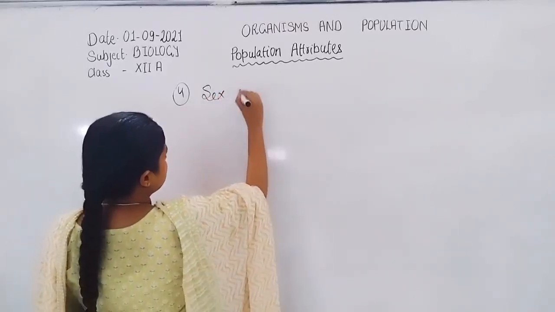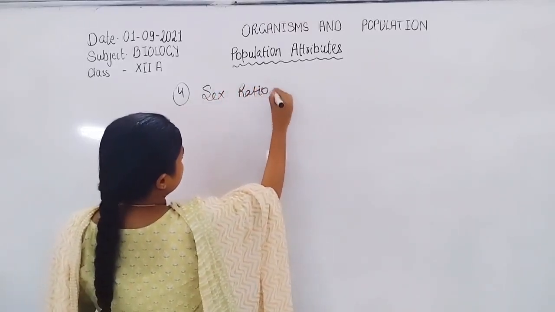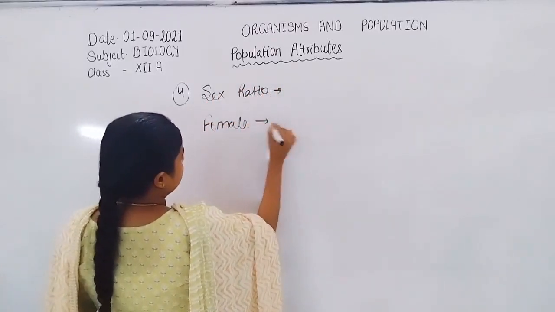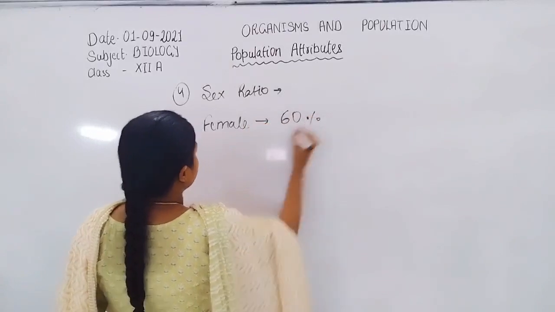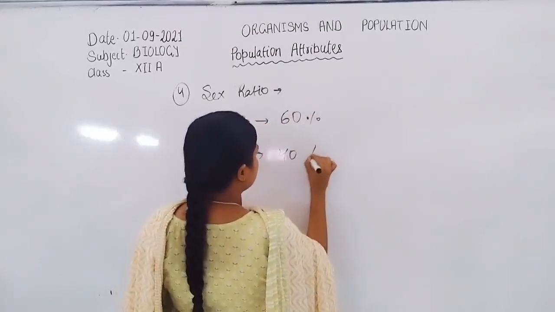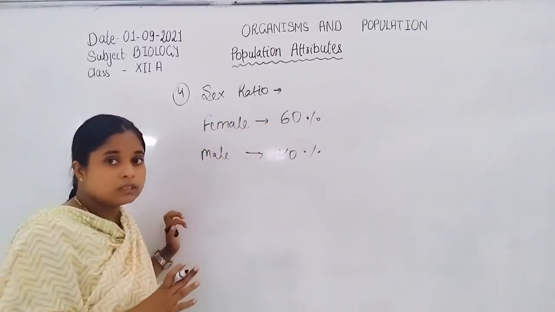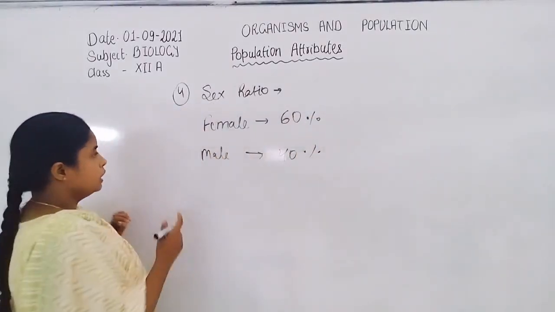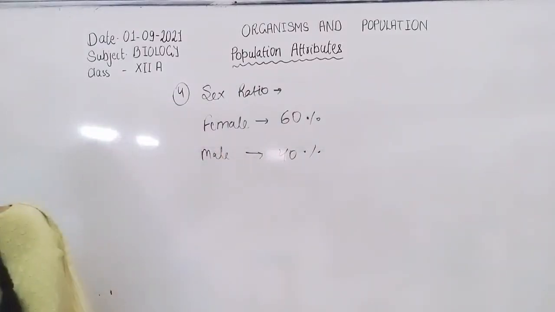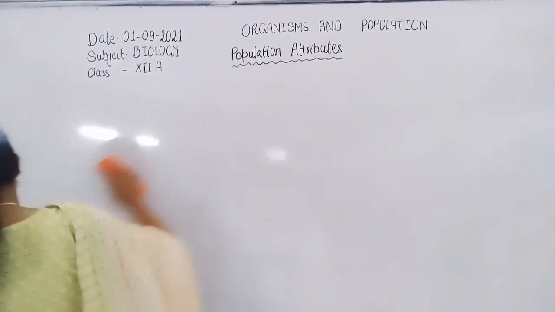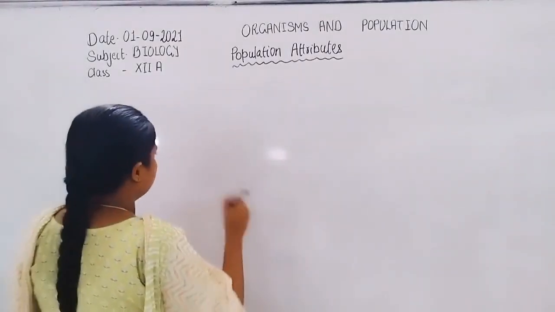According to the sex ratio, the number of females should be 60% and the number of males 40% in a given population. So this is the sex ratio of male and female. This attribute is short, so there are no other points for discussion.